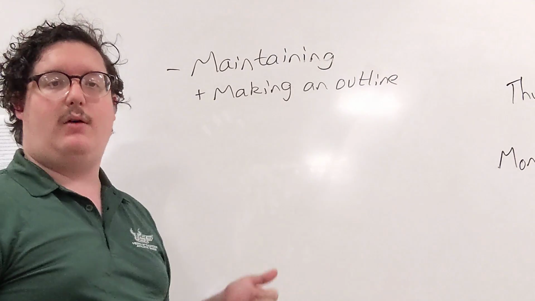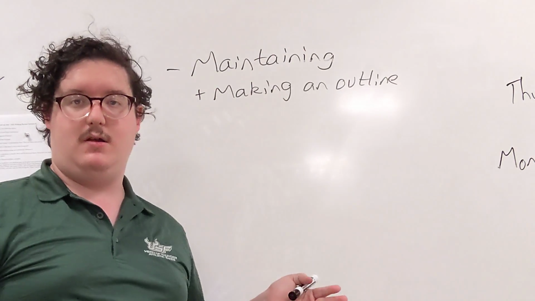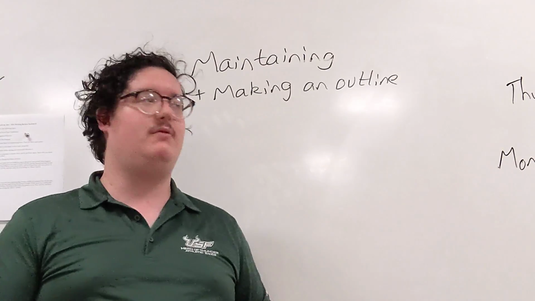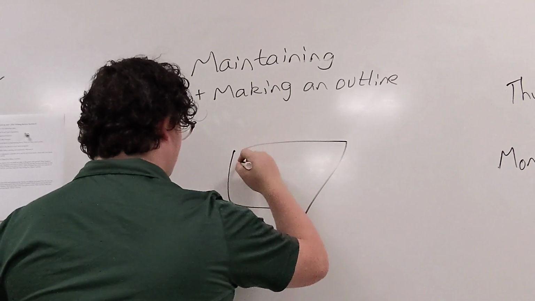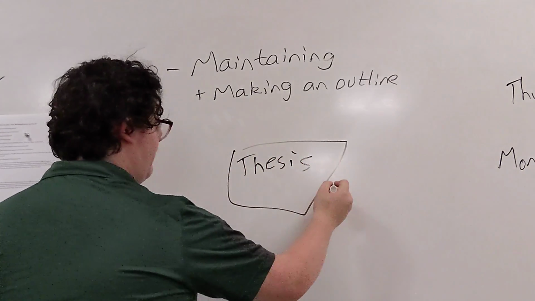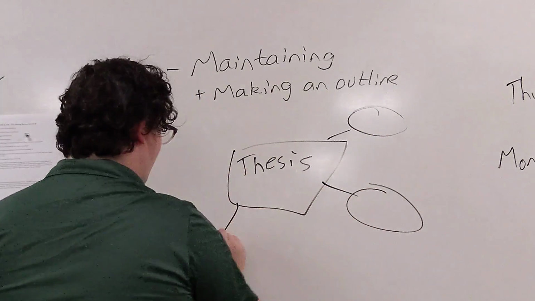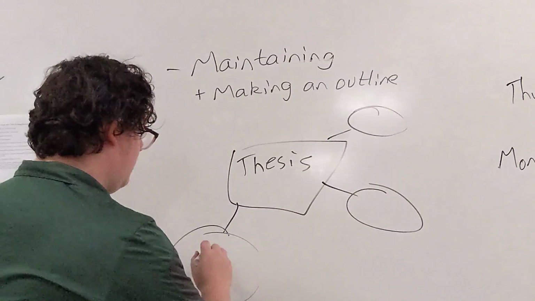So, making an outline, they do not have to be complicated. They never did, okay? One of the worst things that I ever had was a teacher that would make me do one of these numbers, right? You put your thesis in the middle in a box or something, and then you have to do a line with a circle, a line with a circle, and a line with a circle, right, as your main body 1, 2, and 3, right?